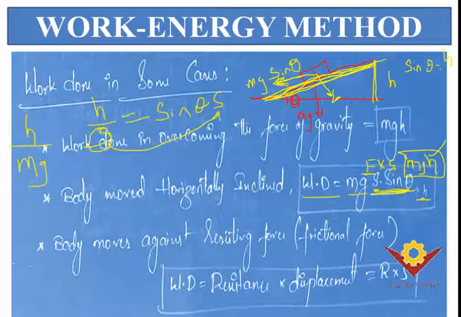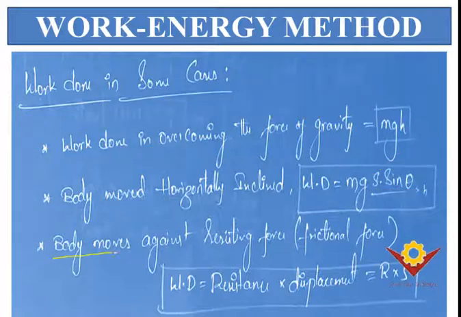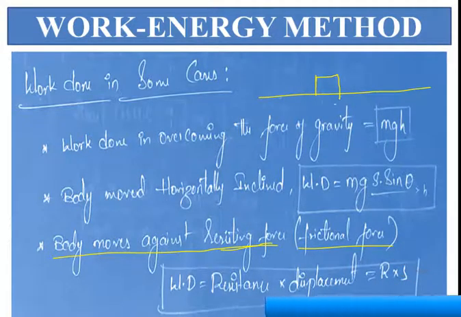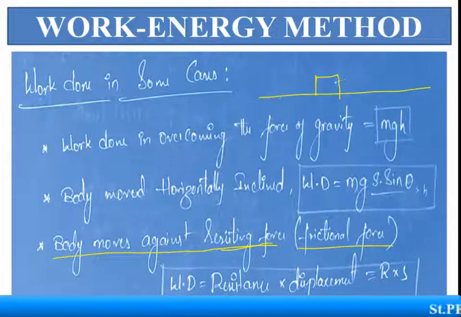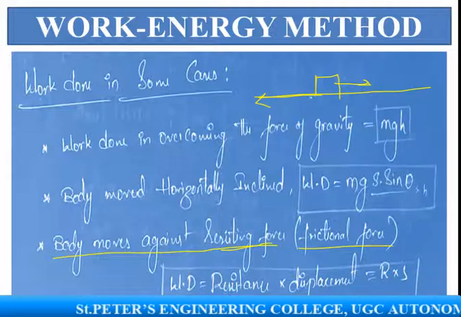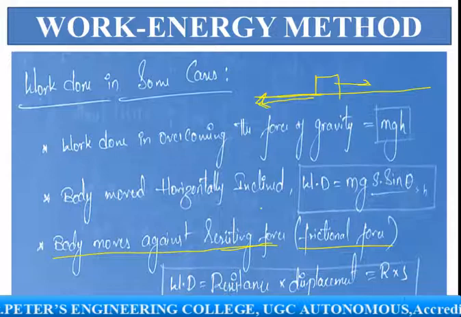And now coming to the next one, body moves against a resisting force, which is nothing but your frictional force. See, we have a horizontal surface, and on that we have a body. Now if the body is moving in this way, your friction is acting in this particular direction, opposite to your motion or your applied force, then this friction becomes your resisting force, right?